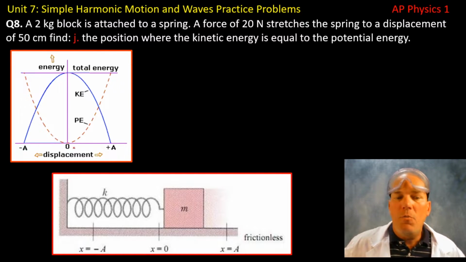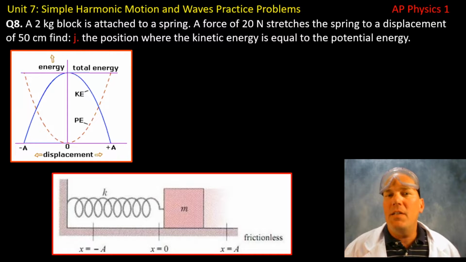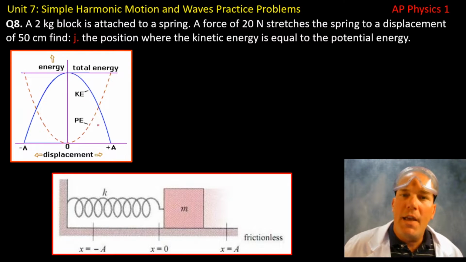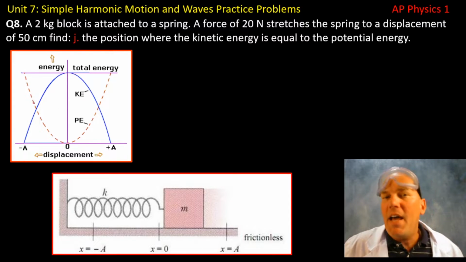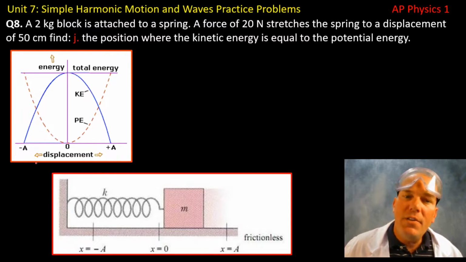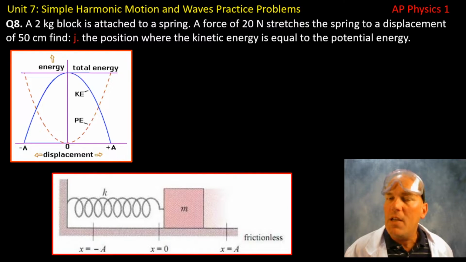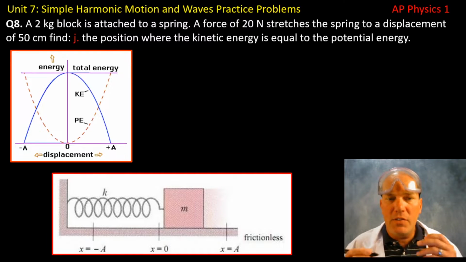Down here, we have our displacement. The positive capital A means positive max amplitude or position. The blue line is the kinetic energy, 1/2 mv squared, and the dashed line is potential energy, in this case spring potential energy, 1/2 kx squared.